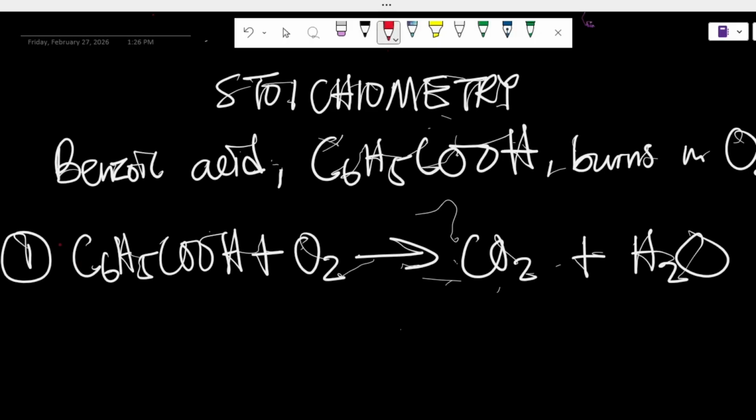So when we put a 2 here, we are going to have 14 carbon atoms on this side, because you have 2 here and then times 6 is equal to 12. Then 2 affects this C here, so this is going to be 14, which means that we can put 14 here to balance it here.